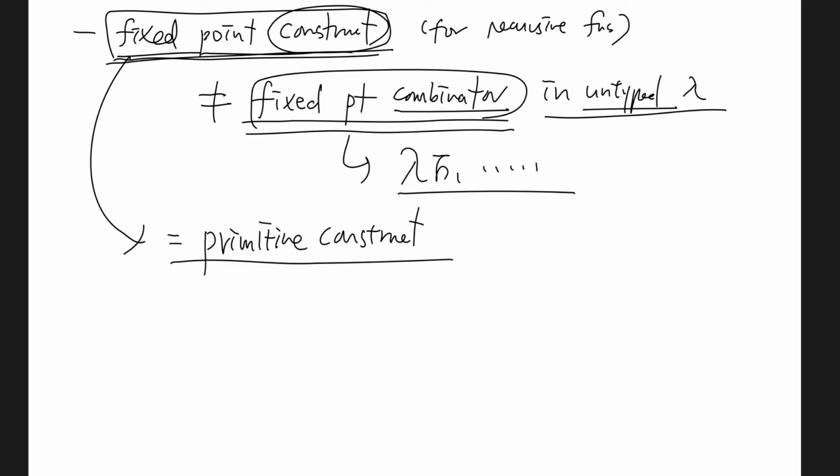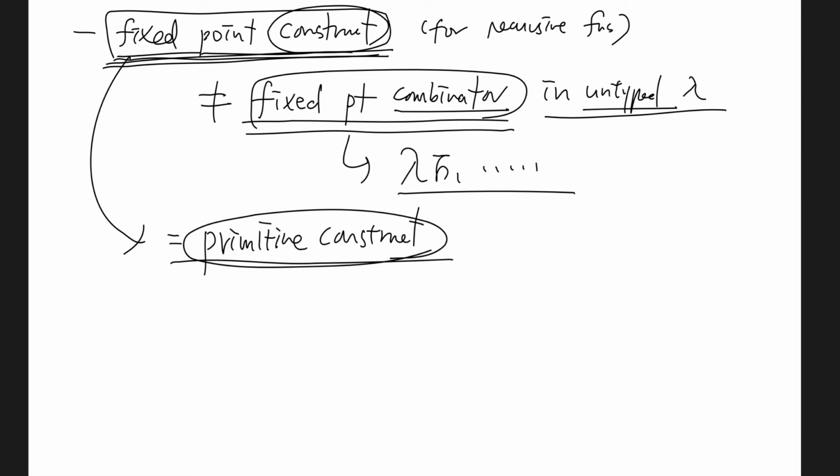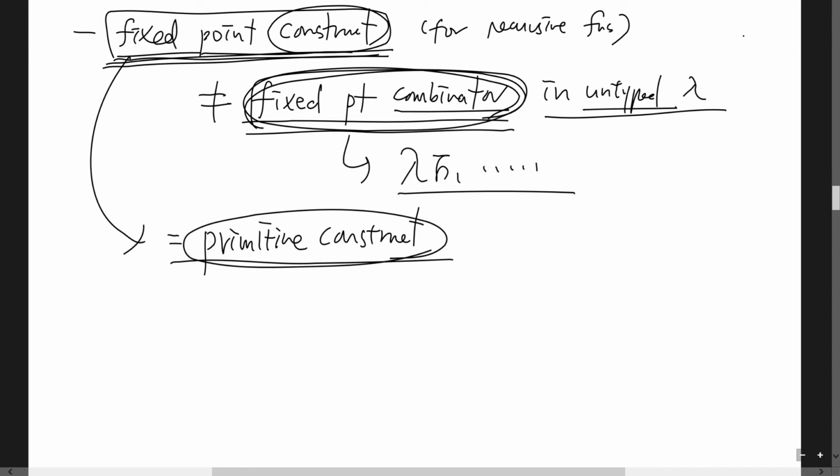That's the difference between the fixed point construct, which is a primitive construct that cannot be simulated with existing language constructs, and the fixed point combinator, which is simply an example, a valid expression in untyped lambda calculus.